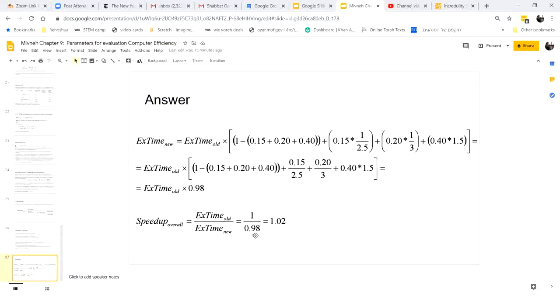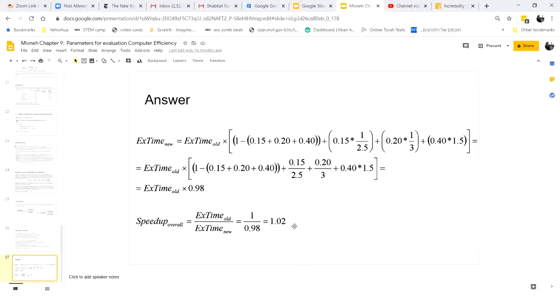What do you get if you multiply 0.98 times 1.02? Do you get 1? I don't think so. Shouldn't get 1. See what I mean?